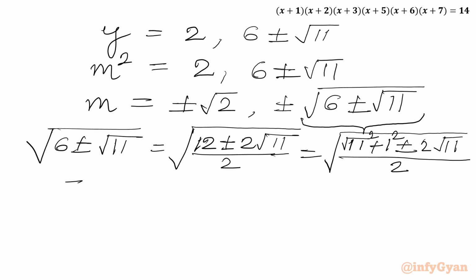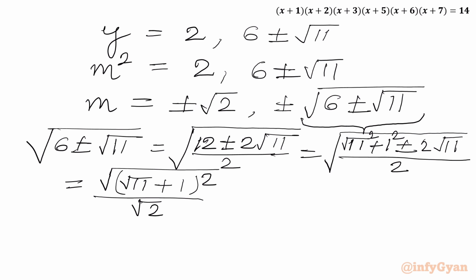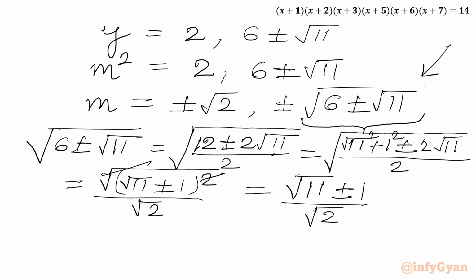Now in numerator we are getting one perfect square. So I can write square root of 11 plus 1 whole square, and denominator is square root 2. So square root and square we can cancel. In this place we can write square root 11 plus minus 1 over square root 2.